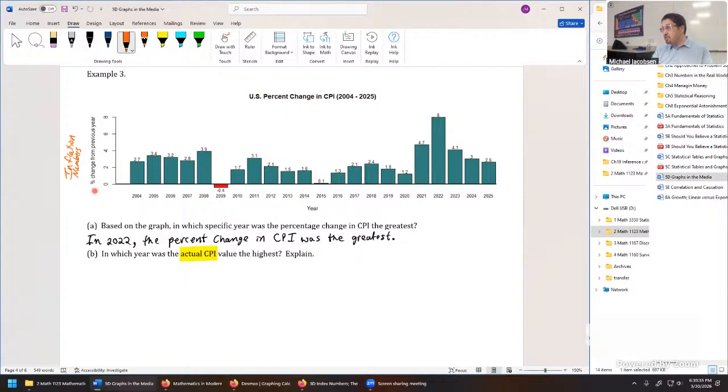Let's put here for a quick note: this is a different variable than the y-axis variable. Let's pause and think about this one for a moment. Any volunteers for the assessment on which year had the highest actual CPI value?